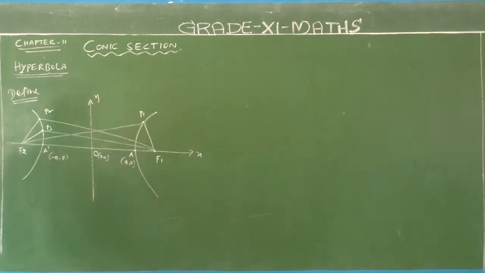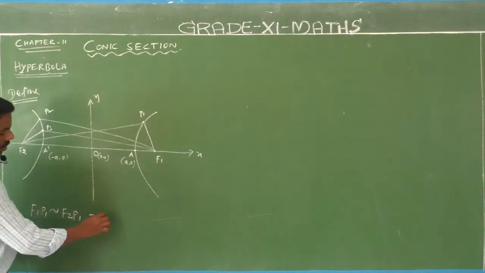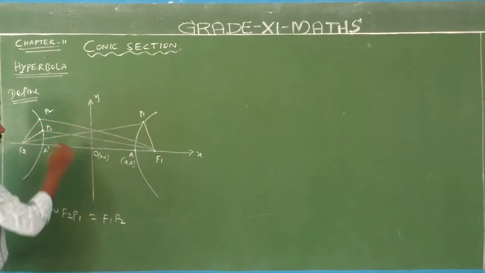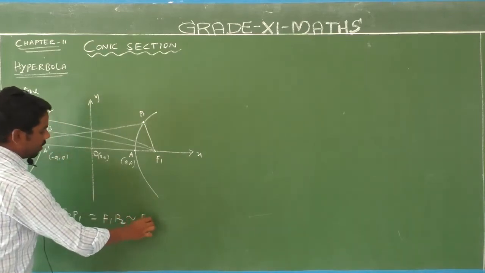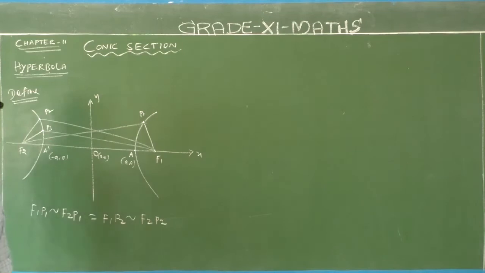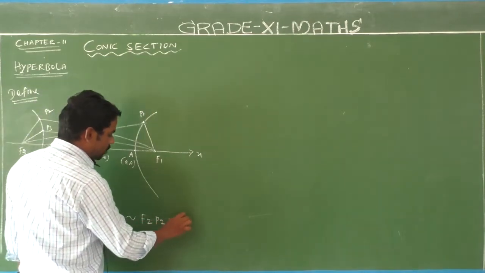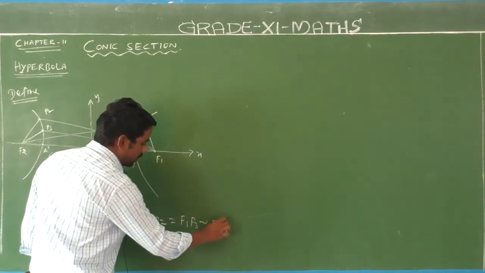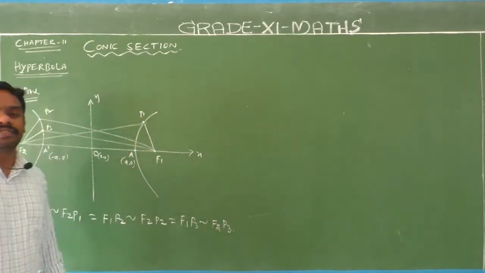These are all the same. That means the difference of F1P1 and F2P1 equals the difference of F1P2 and F2P2, which equals the difference of F1P3 and F2P3. This is the definition of a hyperbola.